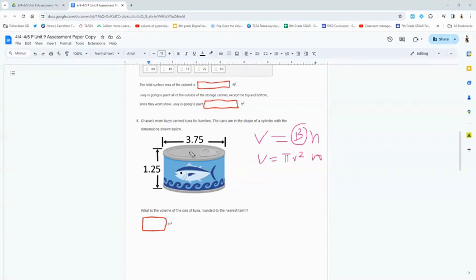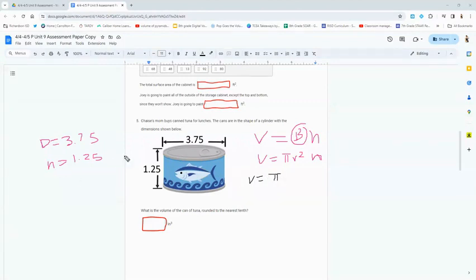Okay, so I have my dimensions. My diameter is 3.75. My height is 1.25. And we're going to put that here. So I have V equals pi.